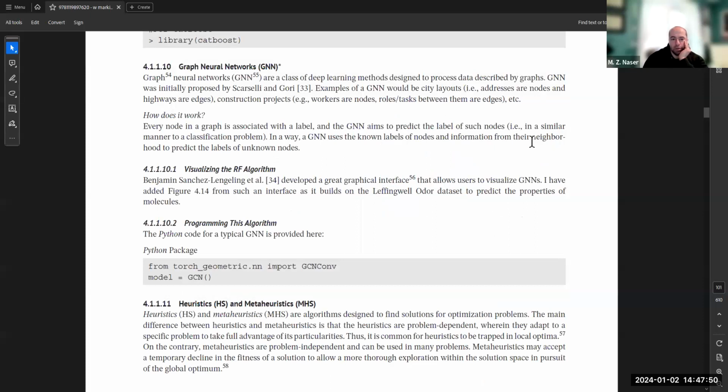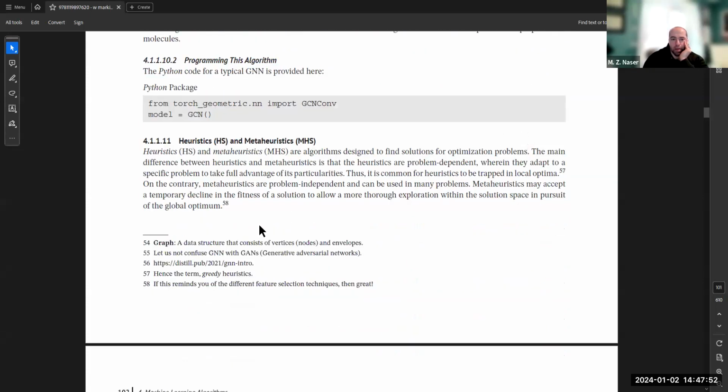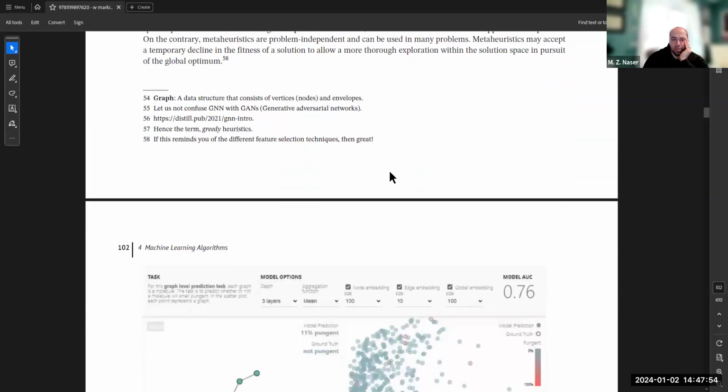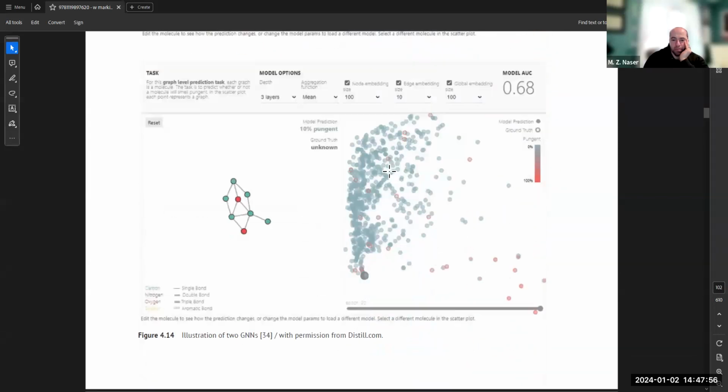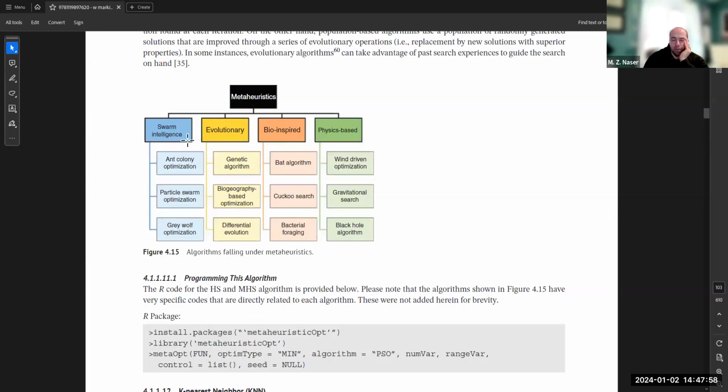So GNNs are interesting. Heuristics, metaheuristics, some a little bit closer to genetic algorithms, but you have to realize that there are a lot of these things. They stem a lot of features from things we see in nature: ant colony optimization, particle swarm optimization, gray wolf optimization.